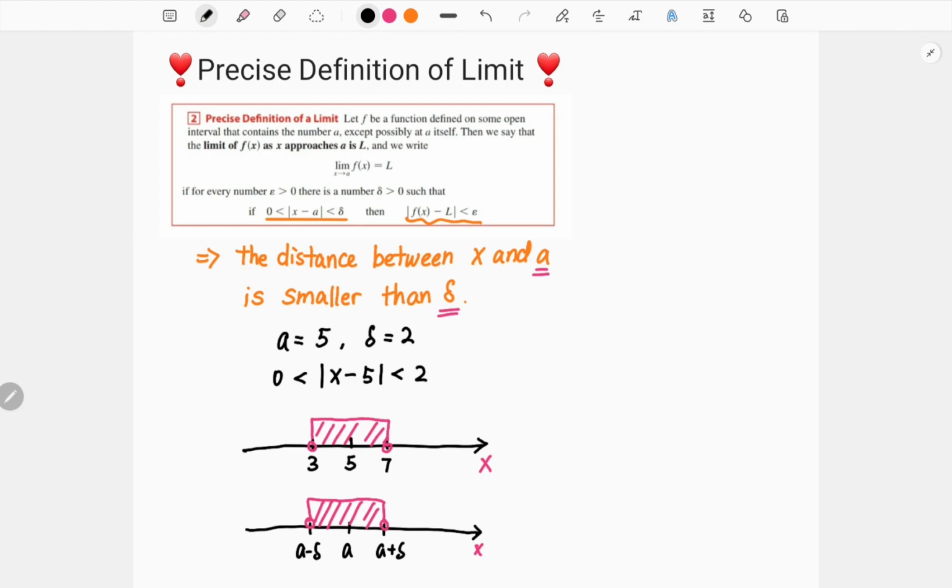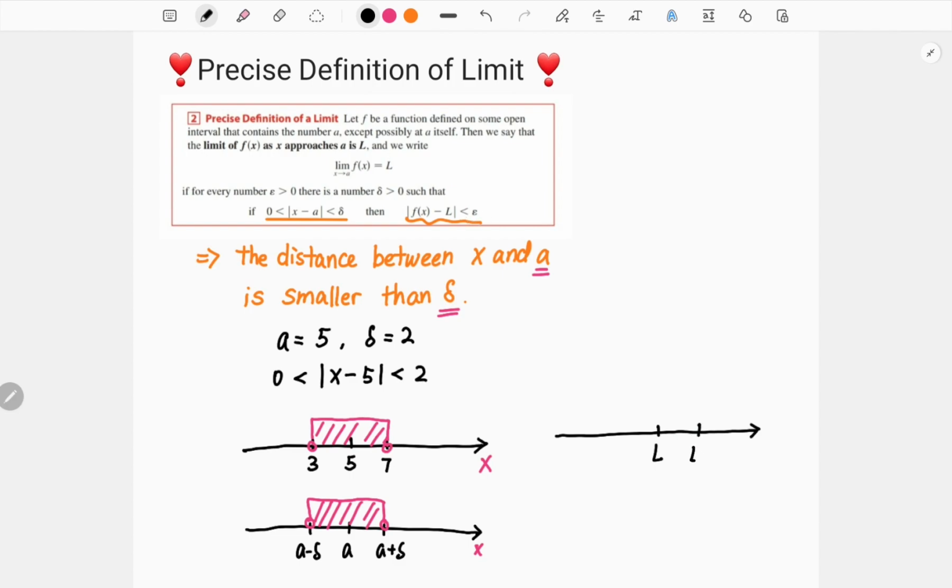Let's try to write it in the y's. You can see here instead of x, we have f of x, which is your y value. In here, we can use y or f of x. So in this axis, in the middle, we have L, and the distance between f(x) and L is smaller than epsilon.